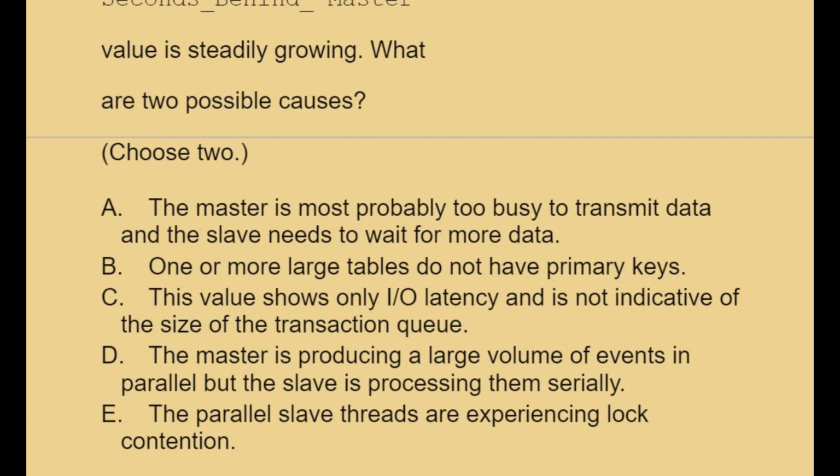Option B, one or more large tables do not have primary keys. Option C, this value shows only I/O latency and is not indicative of the size of the transaction queue. Option D, the master is producing a large volume of events in parallel, but the slave is processing them serially. Option E, the parallel slave threads are experiencing log contention.